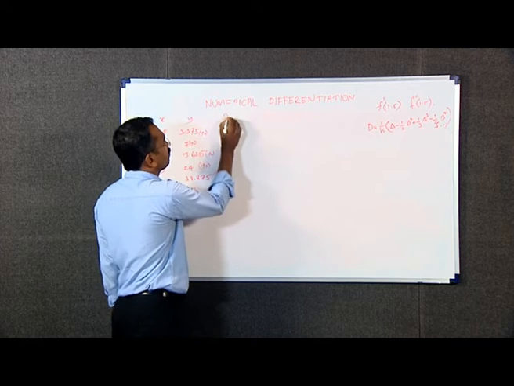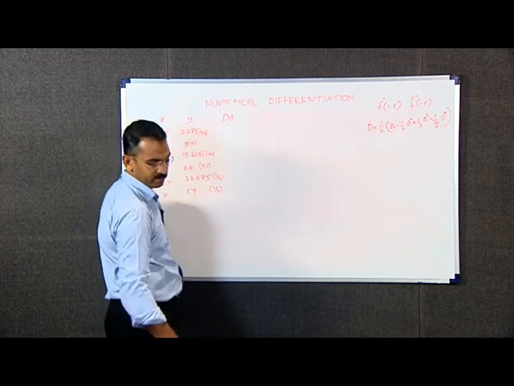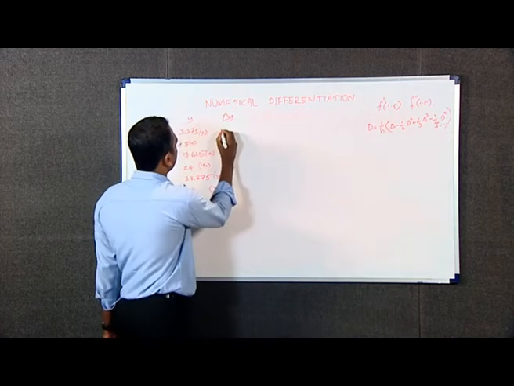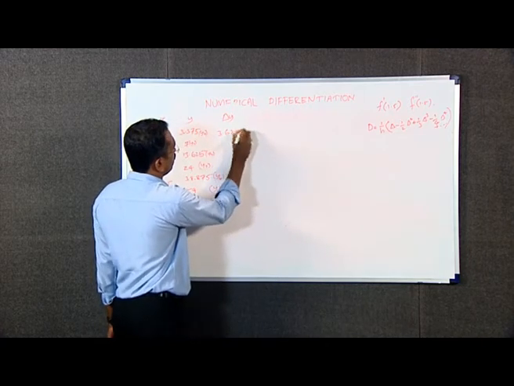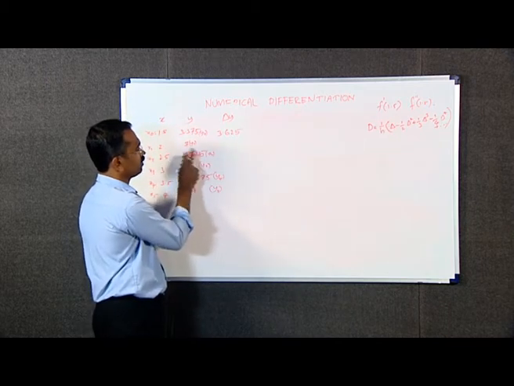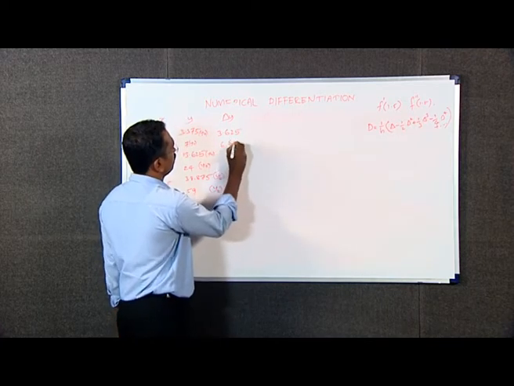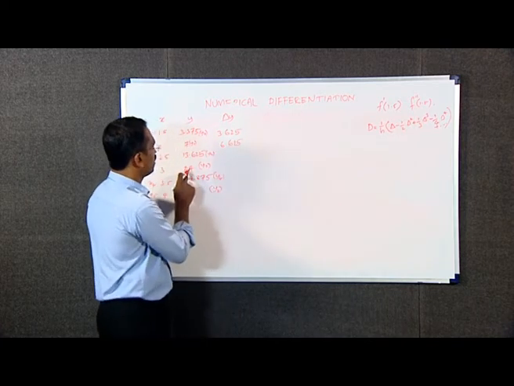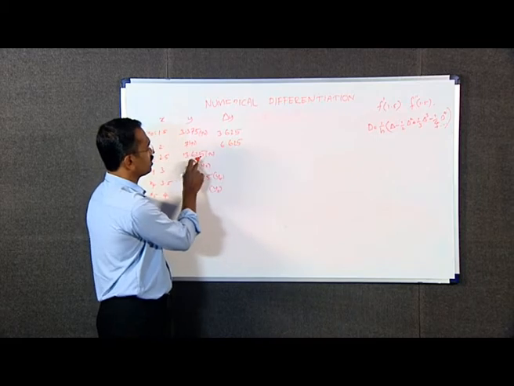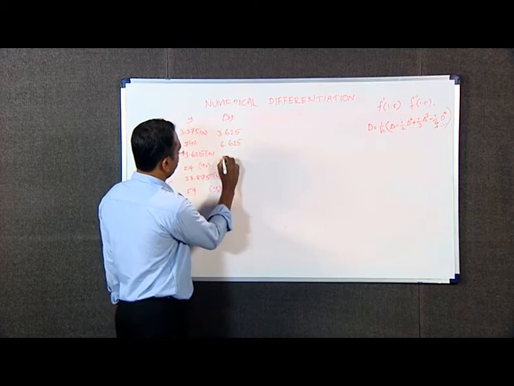The first order differences are 7 minus 3.375, which is equal to 3.625. Next difference is y2 minus y1, that is 13.625 minus 7, which is 6.625. Next is 24 minus 13.625, which is 10.375.